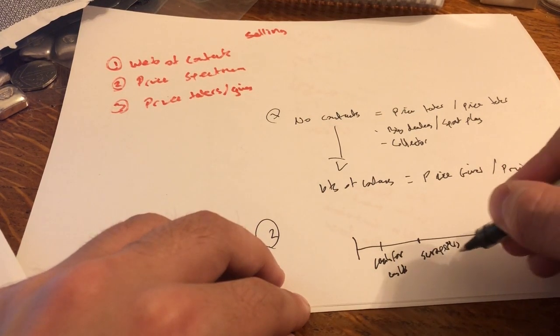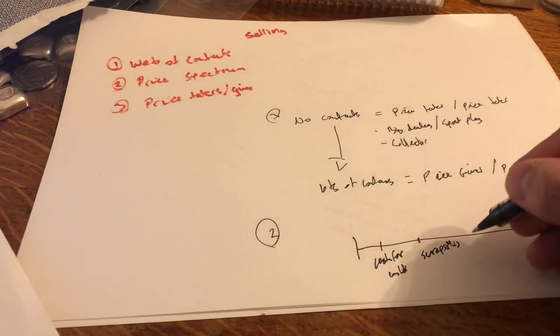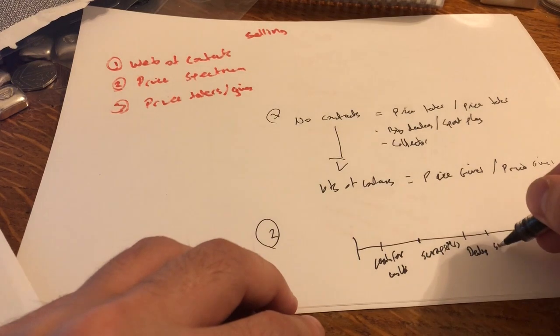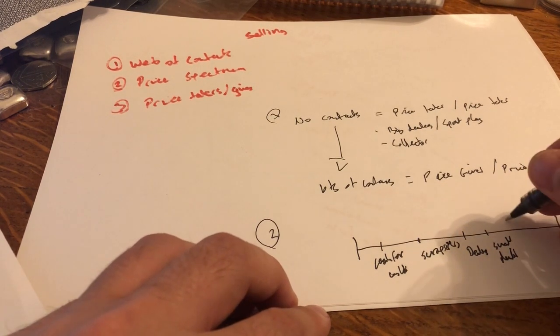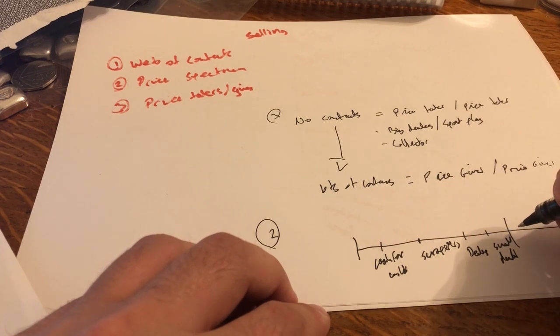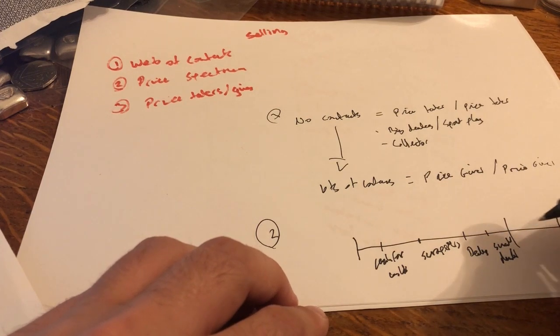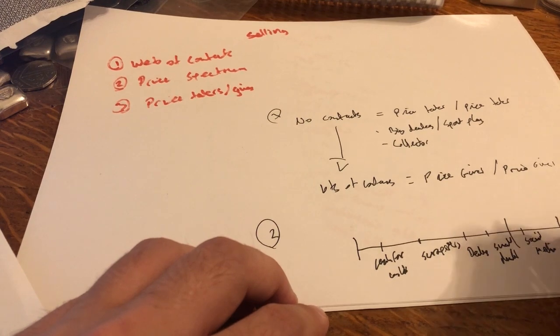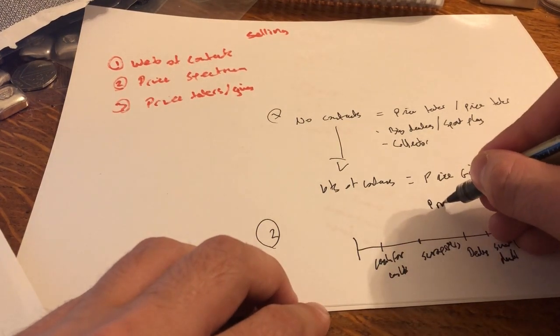I do not like the cash for gold people. You've got the big dealers, the small dealers, then you've got social media, and eBay. So this is the price spectrum.